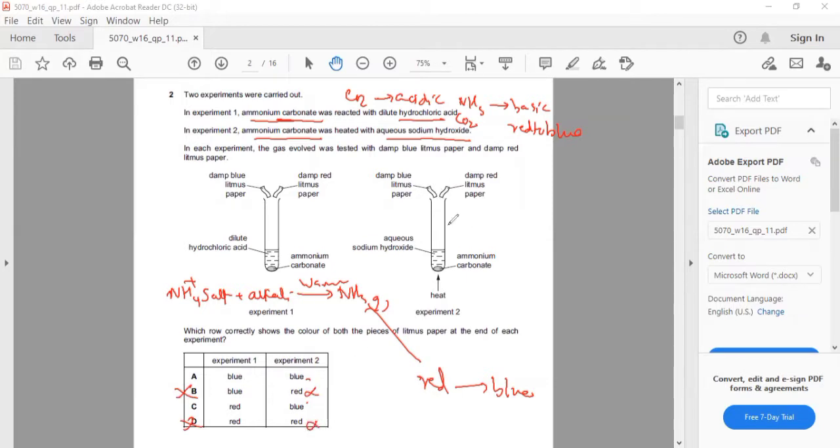In experiment 1, carbon dioxide forms and reacts with water on the litmus paper to form carbonic acid, which is acidic. Acid turns litmus red. So C is the answer: experiment 1 red because carbon dioxide is acidic, and experiment 2 blue because ammonia gas is given out, which is basic. Okay.